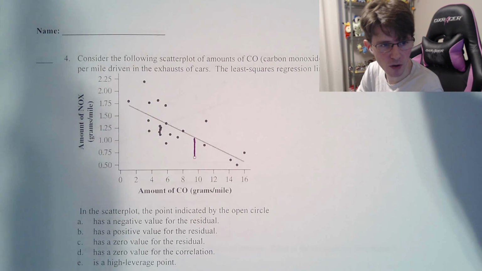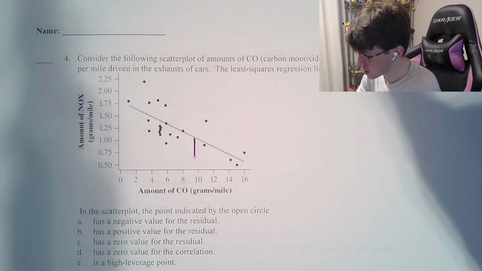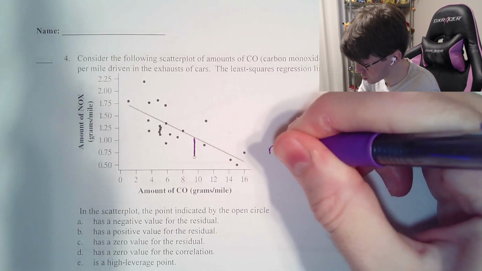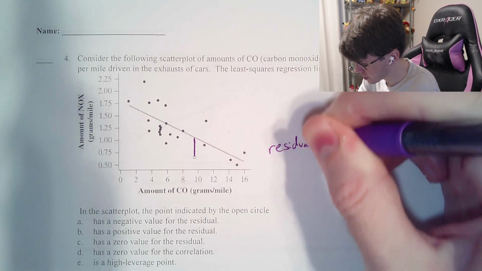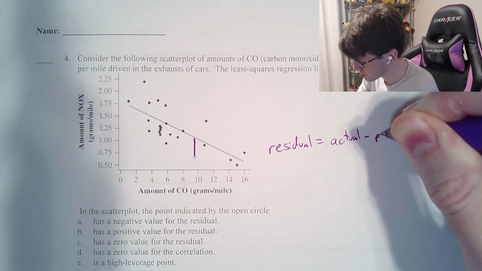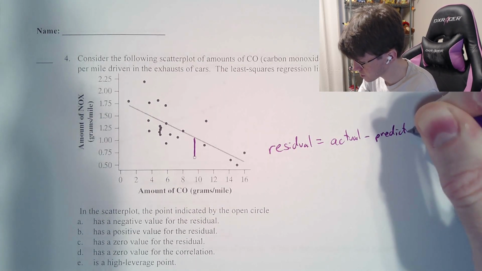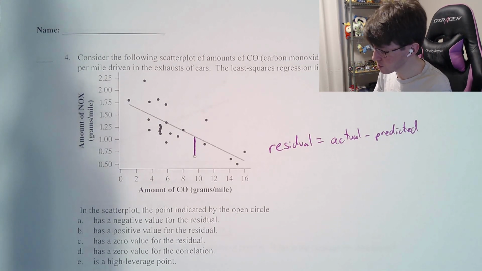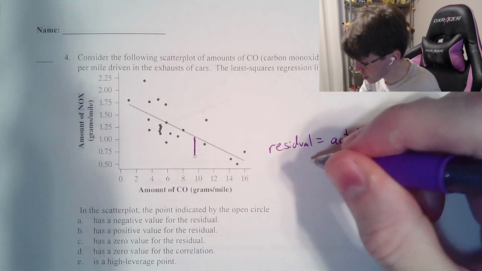Every single time you have a residual value, it is always going to be the actual minus predicted. So residual, as a reminder, is always going to be the actual minus the predicted. Because it's the actual minus predicted, let's think about this really quick. I'm going to write this.